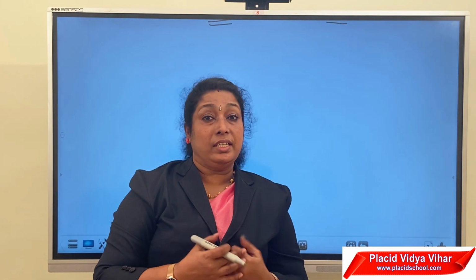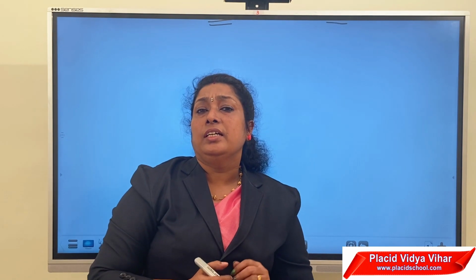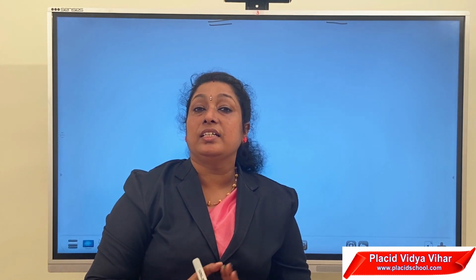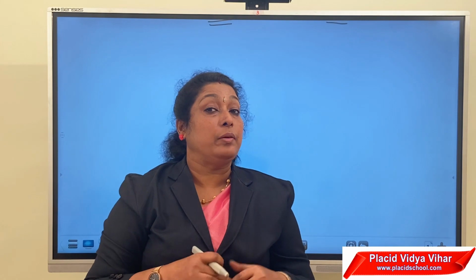Now we will move to the next property, that is the distributive property. The distributive property says that if we have three integers a, b and c, then a into (b plus c) is equal to a into b plus a into c, and a into (b minus c) is equal to a into b minus a into c.